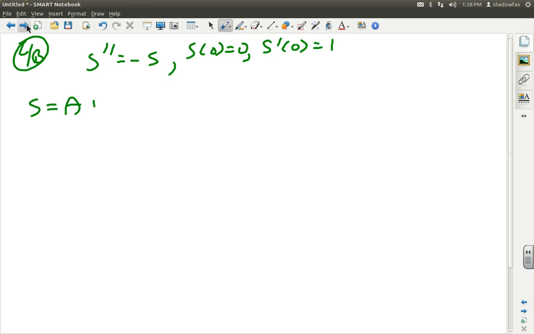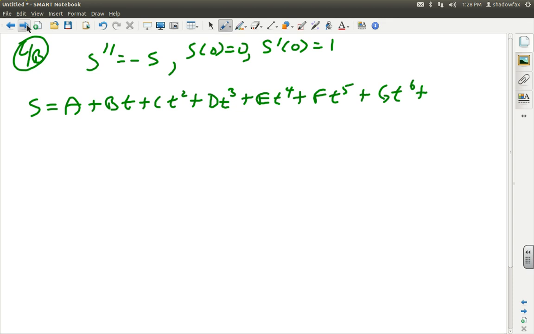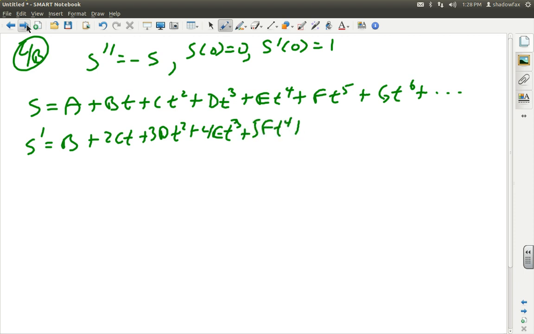S equals a plus bt plus ct squared plus dt cubed plus et to the fourth plus ft to the fifth plus gt to the sixth, right? Okay. So s prime is going to be b plus 2ct plus 3dt squared plus 4et cubed plus 5ft to the fourth plus 6gt to the fifth plus.